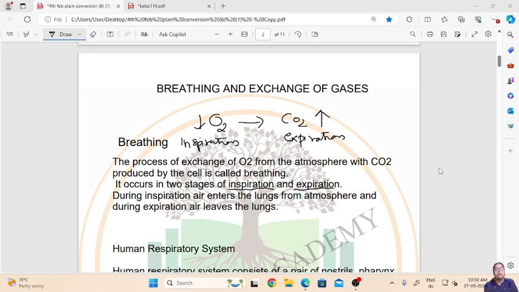And we have also seen how to calculate the respiratory volumes and capacities.